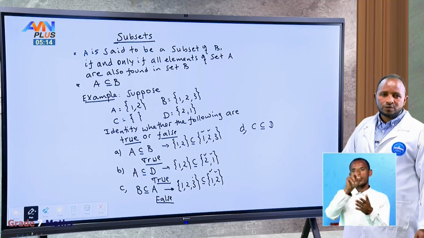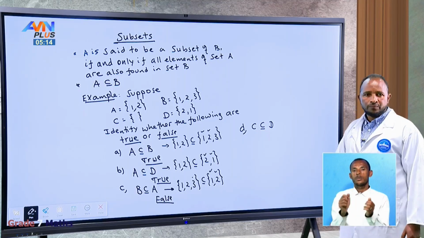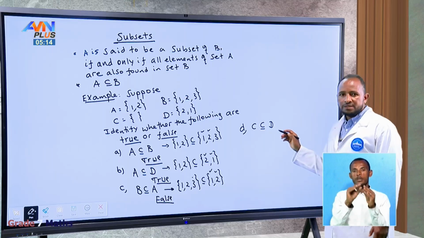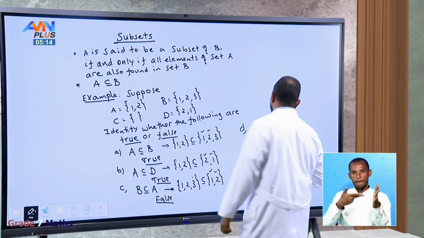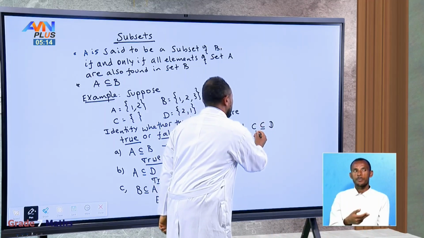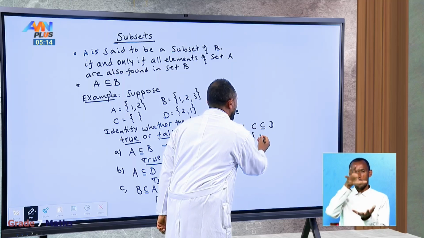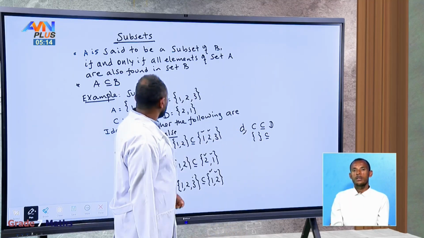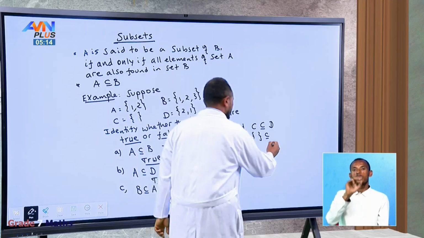Let's see this question together. Is C a subset of D? Which means set C has no element. Subset of set D contains 2 and 1.